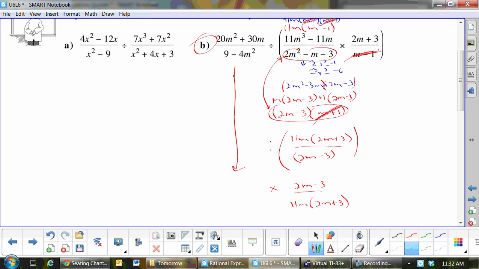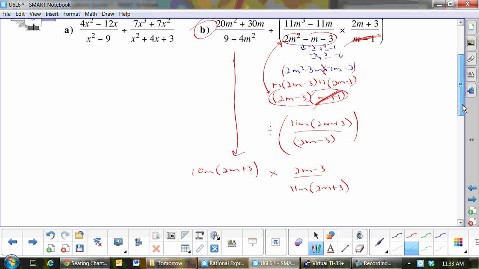What can I factor out on the top of that one? 10m. That would be 2m plus 3, right? How about on the bottom of that fraction? Difference of squares. Now, what is it though?